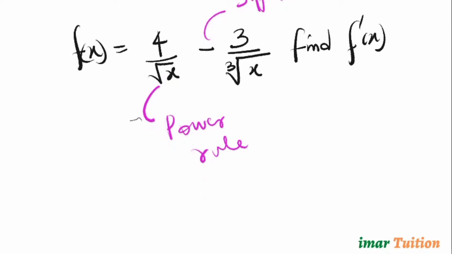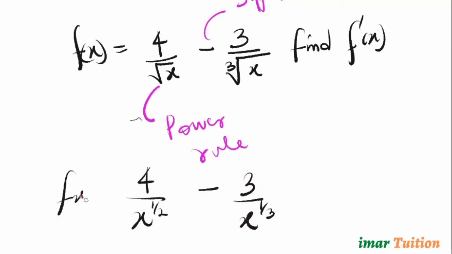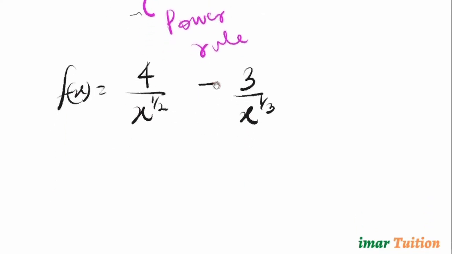So this one becomes 4 over s raised to the power half, minus 3 all over s raised to the power 1 over 3. It's still f(x). We're not differentiating yet.